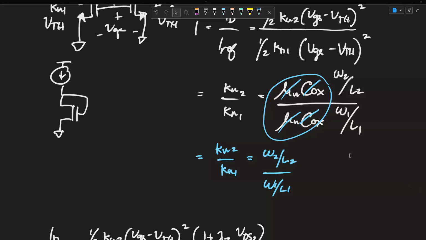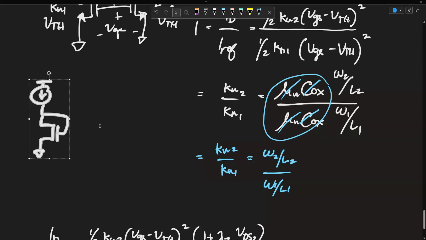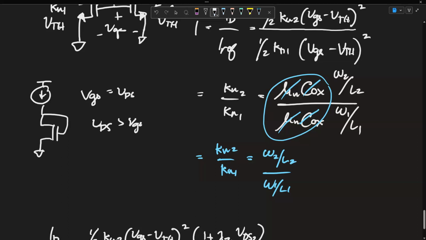This is never linear because VGS, tama, no? VGS is equal to VDS. And we want VDS to be greater than VGS minus VTH, no? So really, the only condition that remains, no, is that VTH has to be positive, no, which it is, right? For NMOS at least, no?